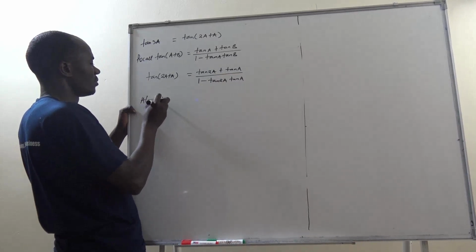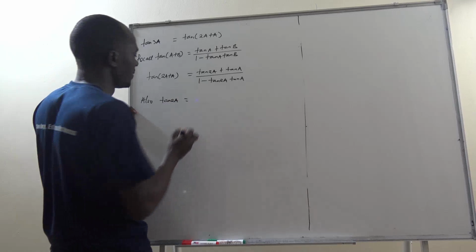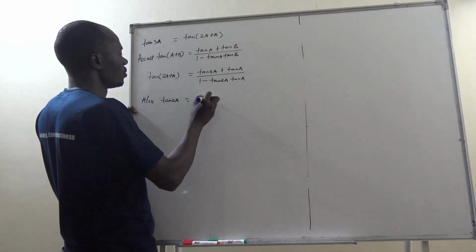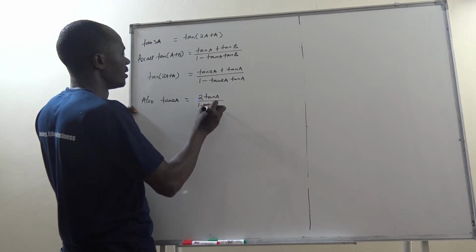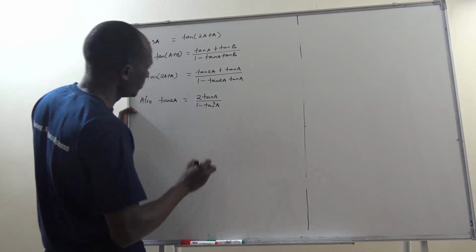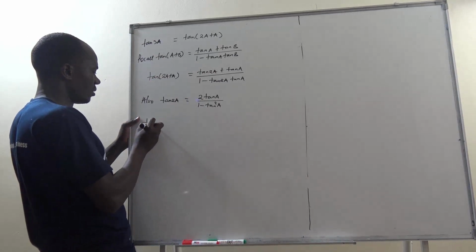Also, tan 2a, we proved it earlier, was 2 tan a all over 1 minus tan squared a. So we are going to substitute that in.